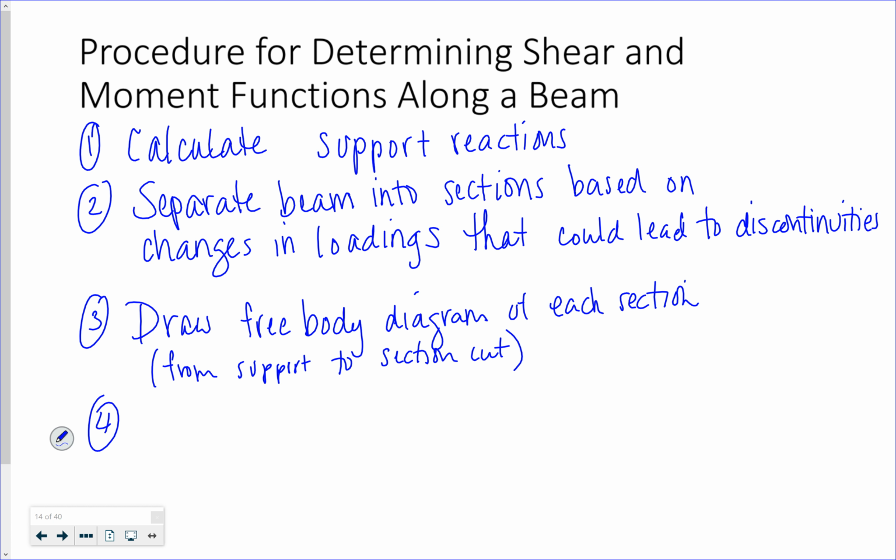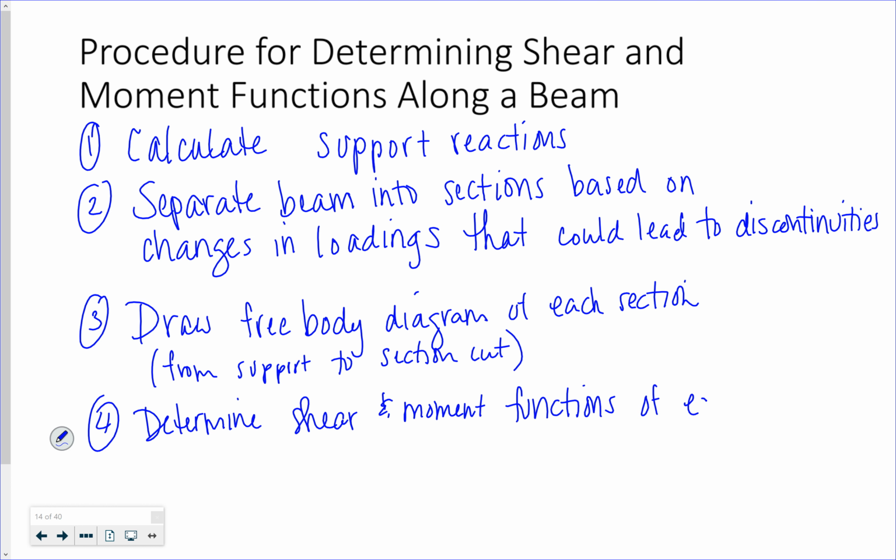Then determine your functions of each section as a function of the position x along the length of the beam.